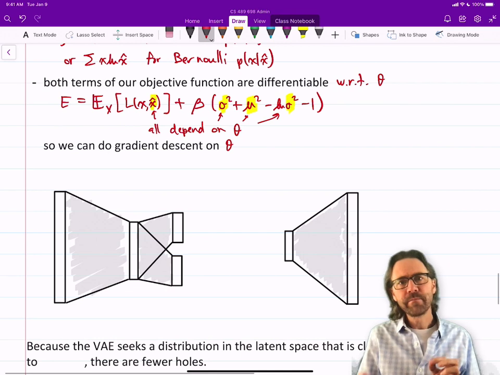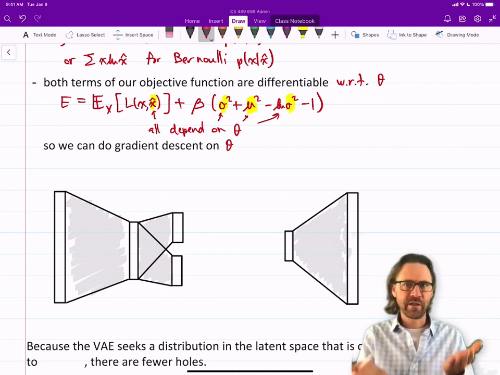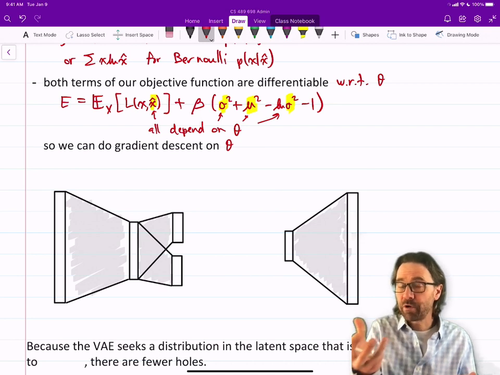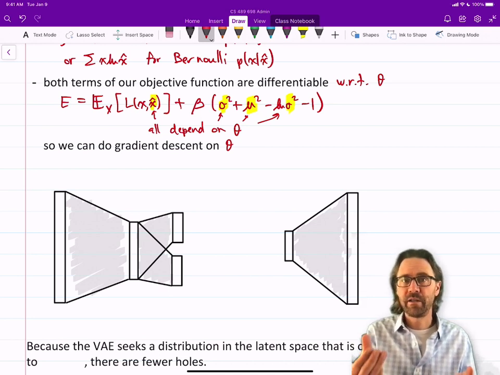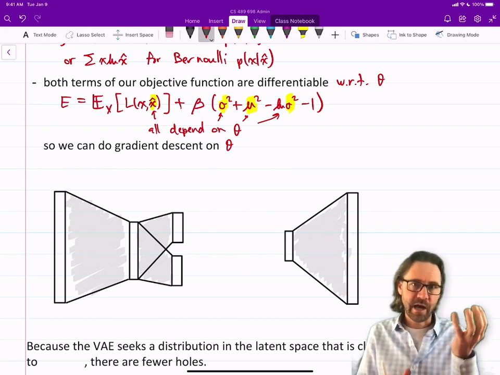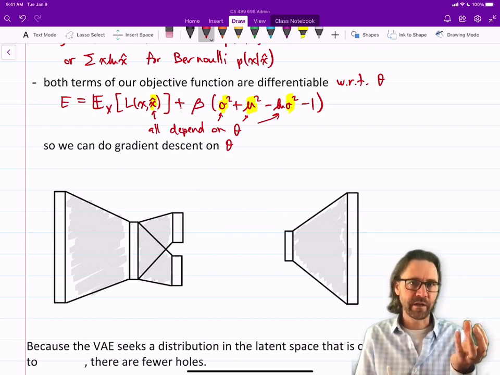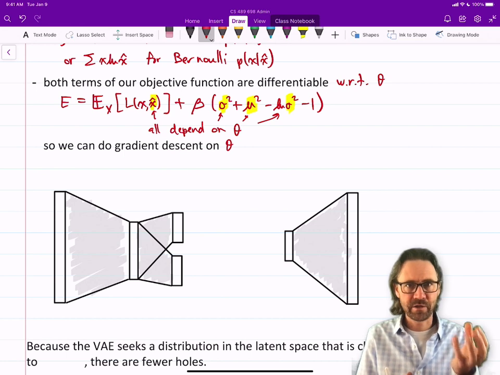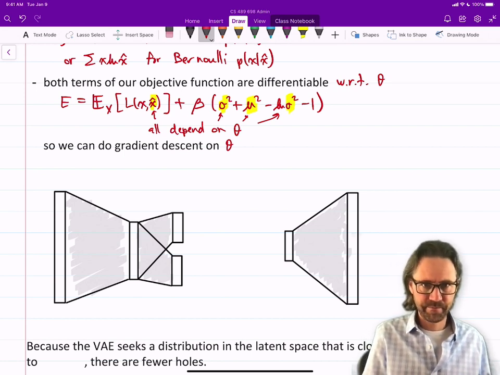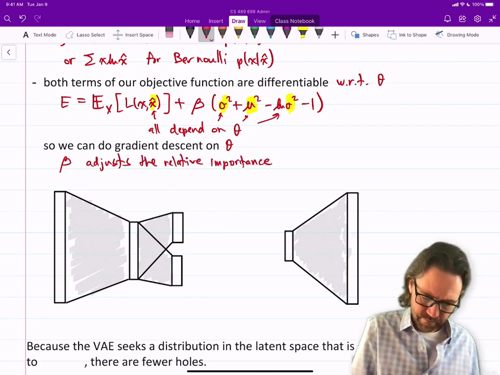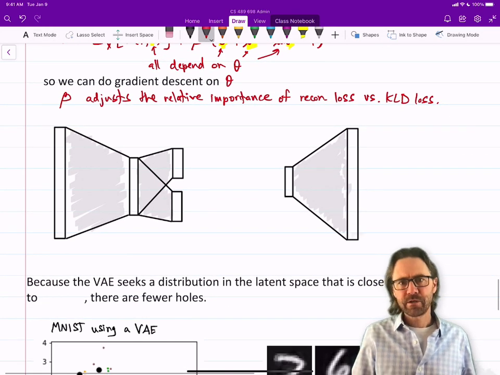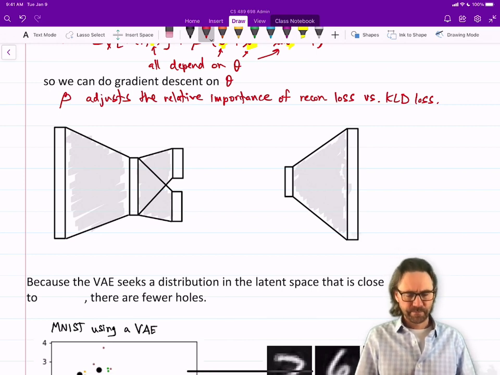This beta is a way of adjusting the relative weight between the KL divergence term, how much we're going to insist that the latent distribution be standard normal, versus how much we care about generating the samples in our training set, the reconstruction loss. Okay, so what does this network look like?